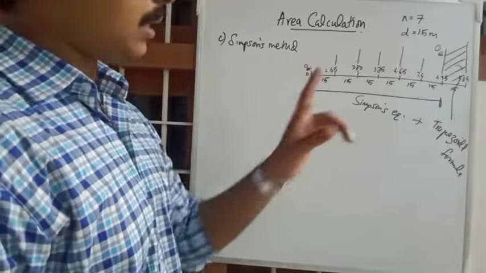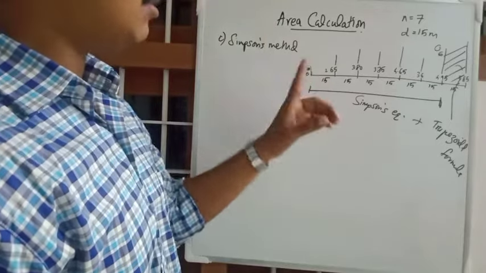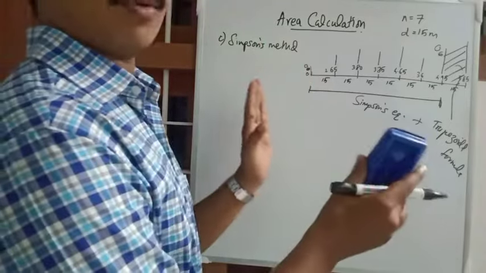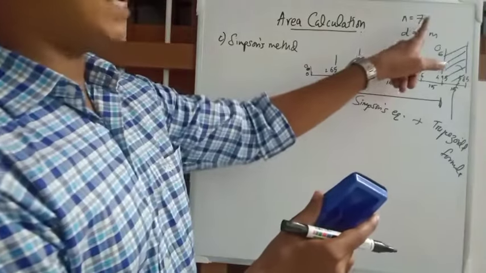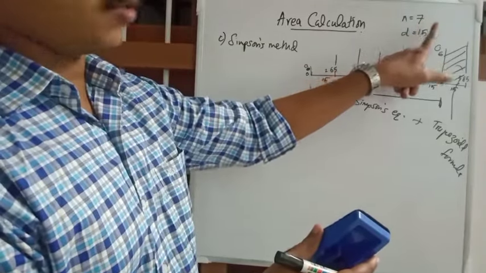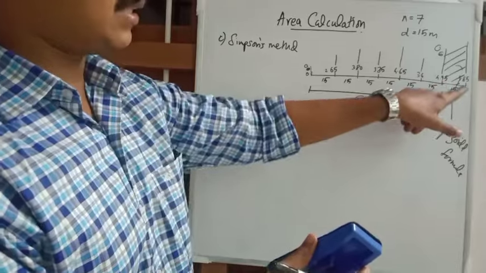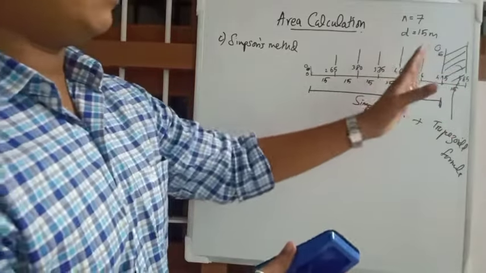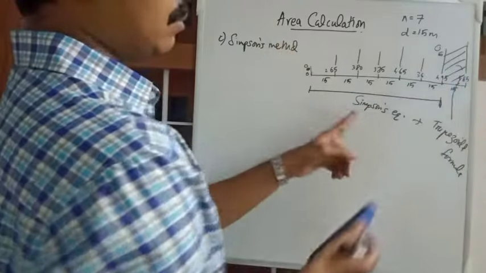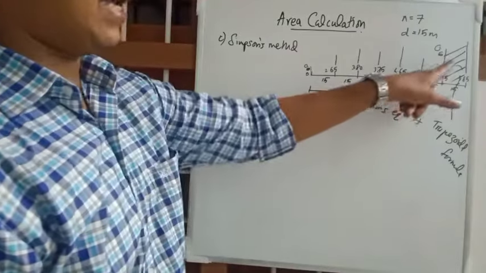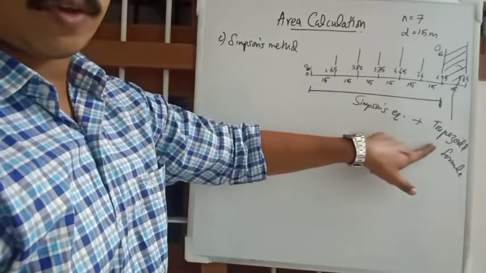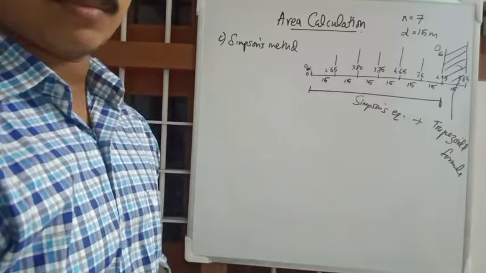I hope you get it. In Simpson's method we only take an even number of divisions. Here we have an odd number, so as there are 7 divisions altogether, we take the first 6 with Simpson's equation, and the last one by the trapezoidal formula.